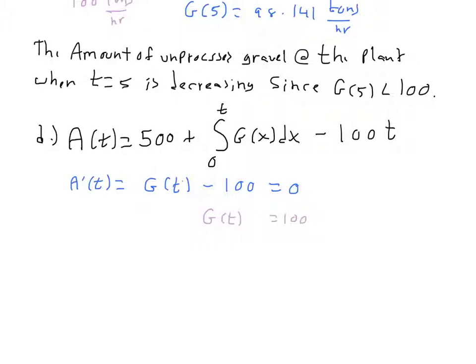Now, since we've already put that function g into our calculator, we can graph that. We can graph the line 100, find the intersection point. t is equal to 4.923. Okay.